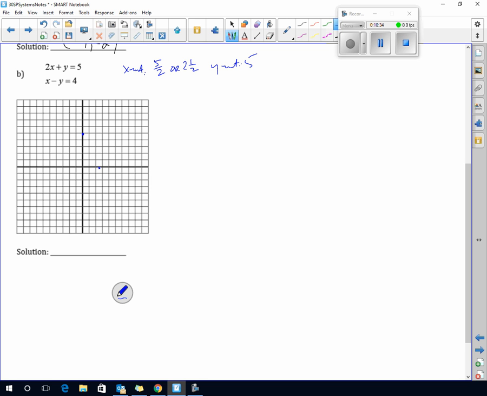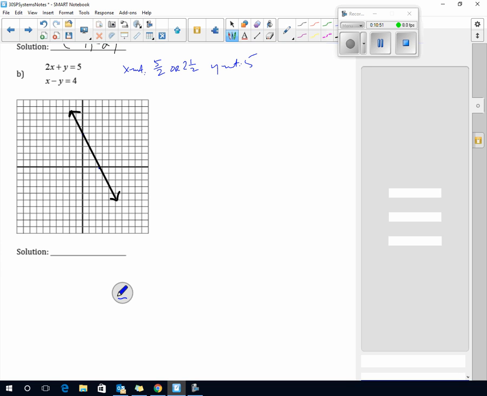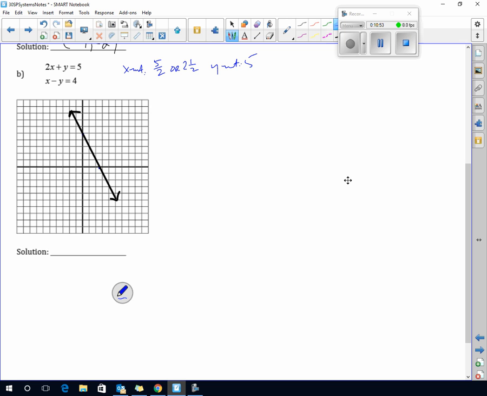So when I assigned the homework, I made sure that I try to pick ones that work out nicely, just so you don't get too frustrated. Okay, so x-intercept is 4 and the y-intercept is -4. 1, 2, 3, 4. 1, 2, 3, 4.